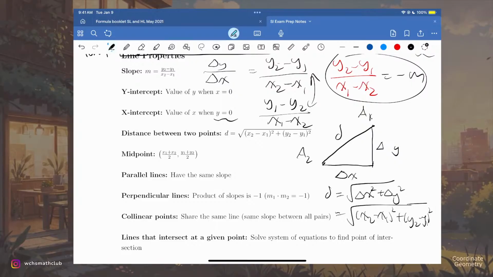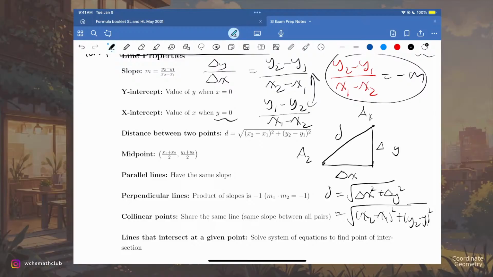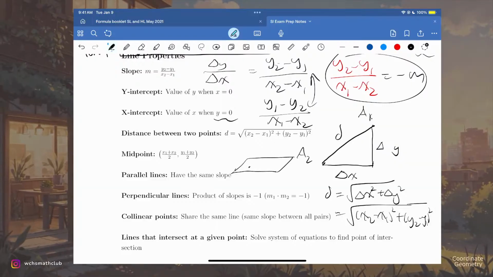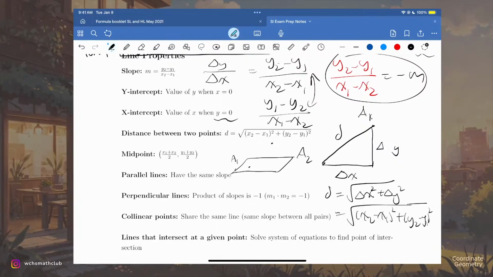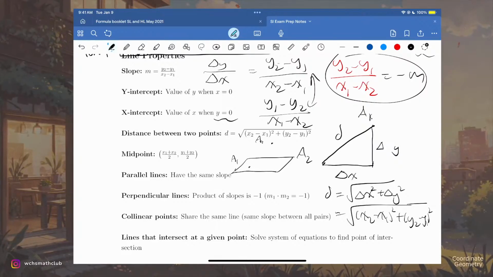So, yeah. Anyways, on the IB exam, you do have to know this for 3 dimensions, and the way we show that is you pick 2 points. A1 will be on like some plane, and A2 will be on like some point that's not necessarily on the same plane, right?